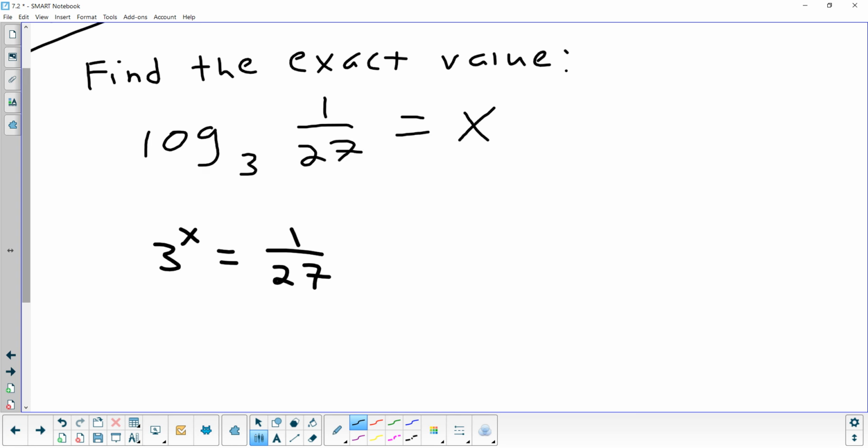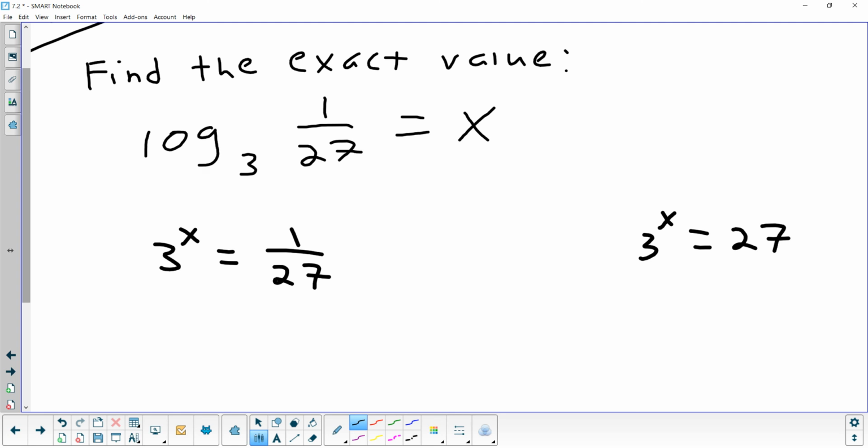Now, let's pretend for a second it was this. It's not that. But 3 to what power would give you 27? Jody? The third power, because 3 times 3 times 3 is 27. Now, we don't want to get 27 in our problem. We want to get 1 over 27.